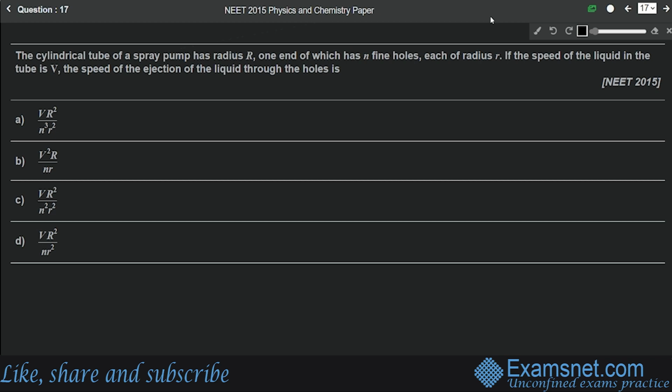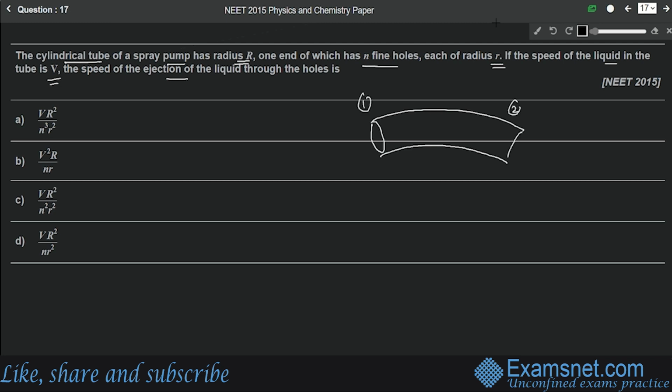Now question number 17. The cylindrical tube of a spray pump has radius capital R, one end of which has n fine holes, each of radius small r. If the speed of the liquid in the tube is v, then the speed of ejection of the liquid through the holes is. So we have this kind of cylindrical tube. This is the first end and this is the second end.